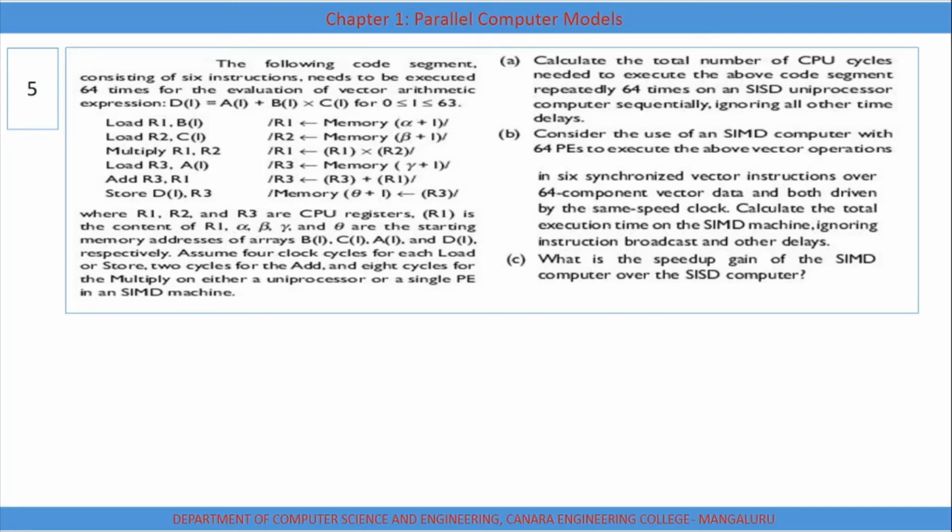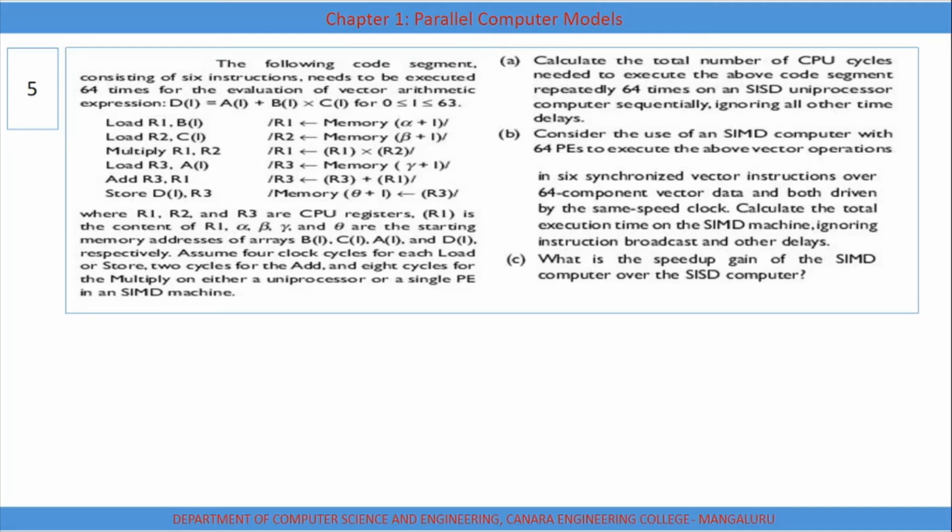Here R1, R2 and R3 are CPU registers. Within the brackets, R1 is the content of R1. Alpha, beta, gamma and theta are the starting memory addresses of the arrays B(I), C(I), A(I) and D(I) respectively.